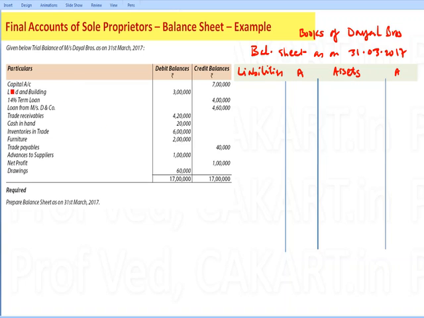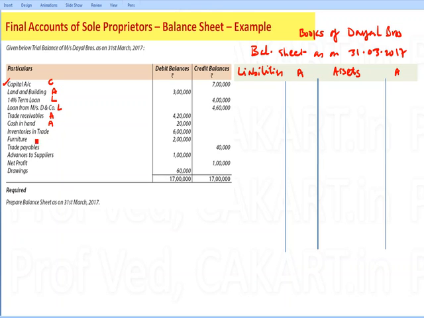So the first thing here is capital. Capital is 7 lakh in credit. Anything else that affects capital? Let us have a look. Land and building will go towards asset. 14% term loan, loan will go towards liability. Loan from D and Co towards liability. Trade receivable is an asset.